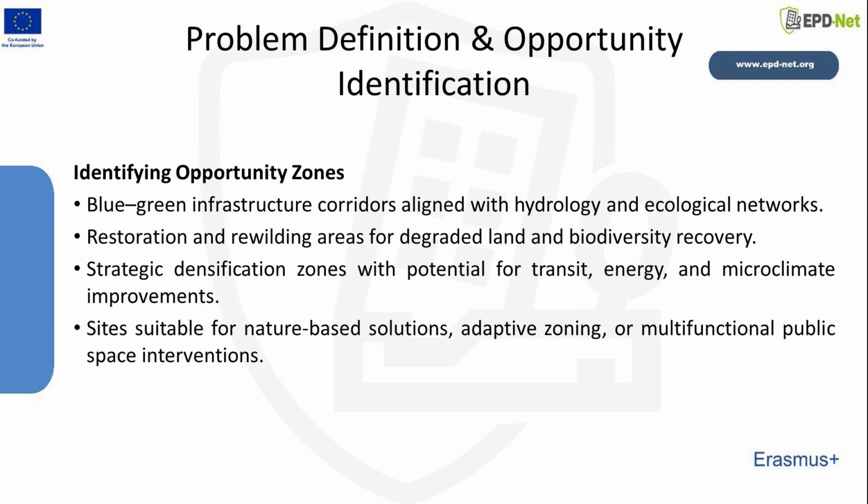Problem definition and opportunity identification form the critical link between diagnostic analysis and scenario development. At this stage, multiple data layers, climate risk, ecological conditions, and socio-spatial characteristics, are synthesized to reveal where vulnerabilities intersect and where system thresholds may be exceeded.